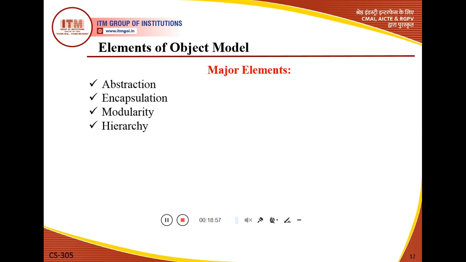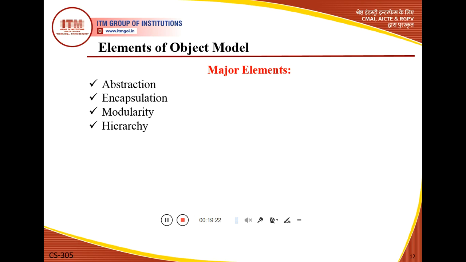I think you all know about the concept of abstraction. I already discussed in the previous lecture that abstraction defines the essential characteristics of an object that distinguish it from all other kinds of objects.